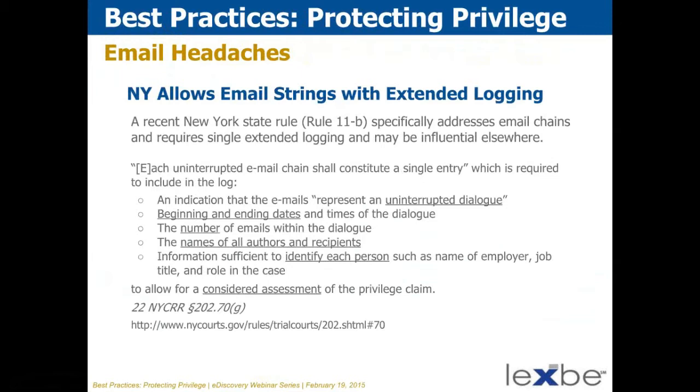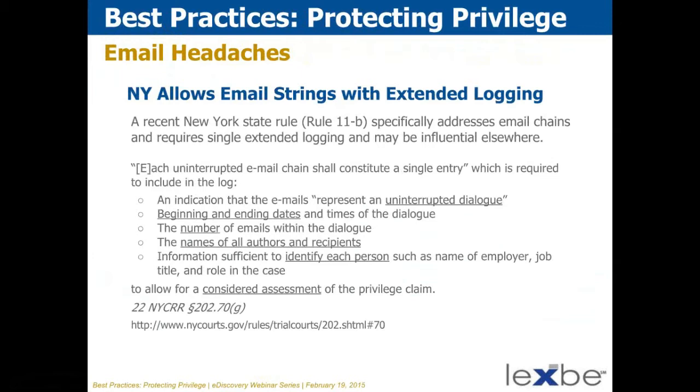There's an interesting New York state rule that deals specifically with these strings. This has been dealt with in some commentary, in court cases and other states, but this is the most specific one that I'm aware of, and it was finalized at the beginning of this year.